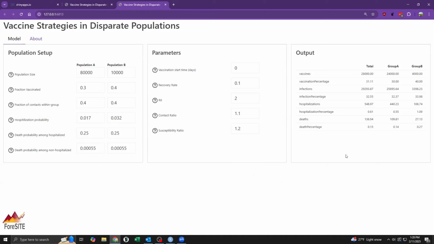One thing you can do with this is, the percentage rows of the output when you compare A to B give you an idea of different measures of the disparity.